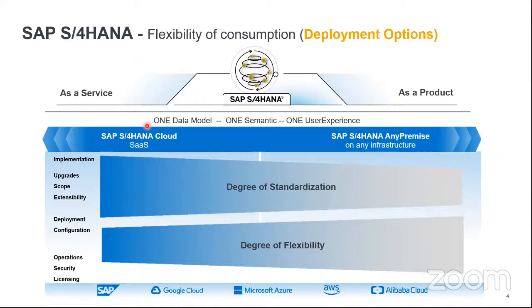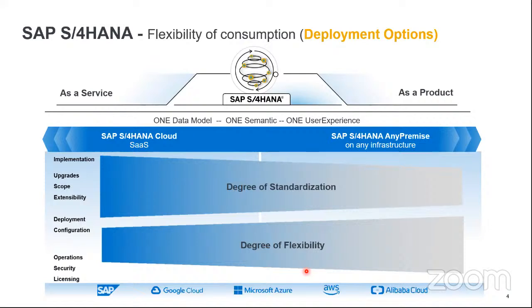So what are the different pros and cons with these two deployment options? As you can see in the figure, we basically divide these pros and cons on the degree of standardization and flexibility. When we talk about standardization, as you see, the cloud option is much more standardized, which means we come with pre-built business processes with very little, or I would say no room for customization.